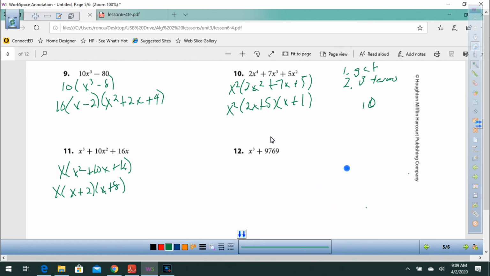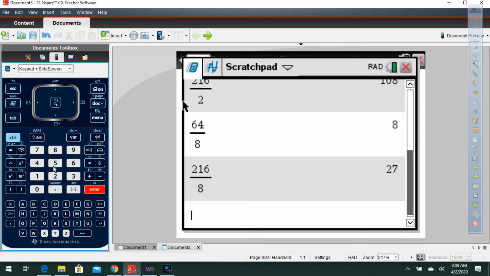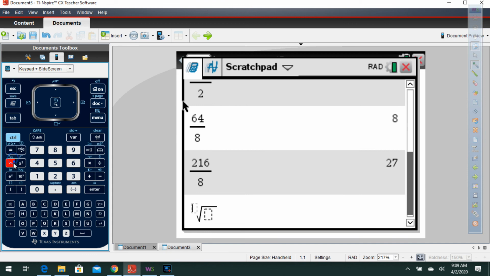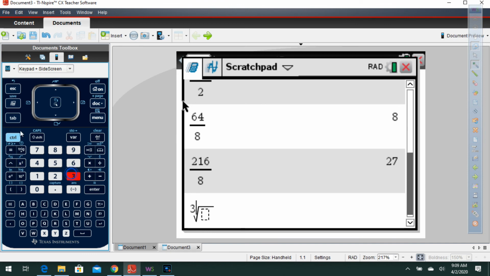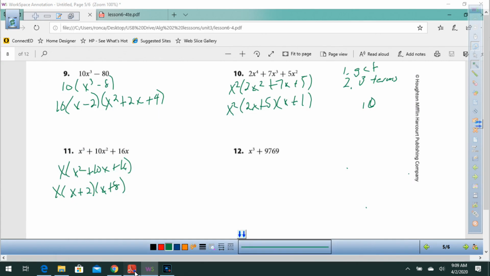All right, let's take a look at number 12 here. X cubed. So the greatest common factor is 1. No other greatest common factor. Let's take the cube root of 9769. Did I do that right? 9769? I did.